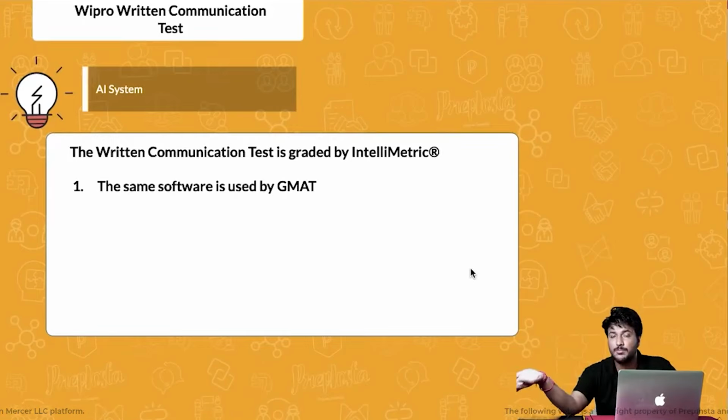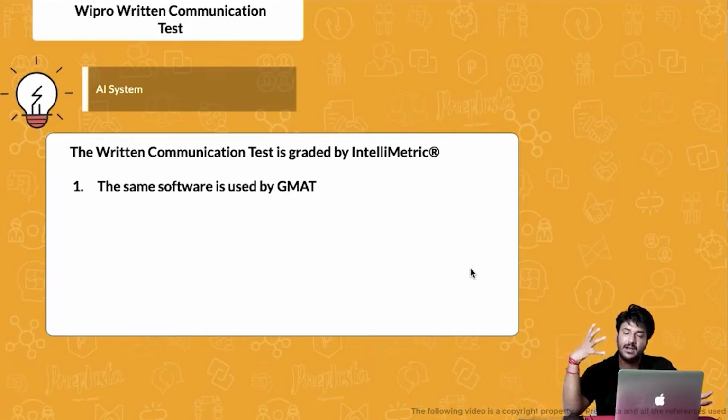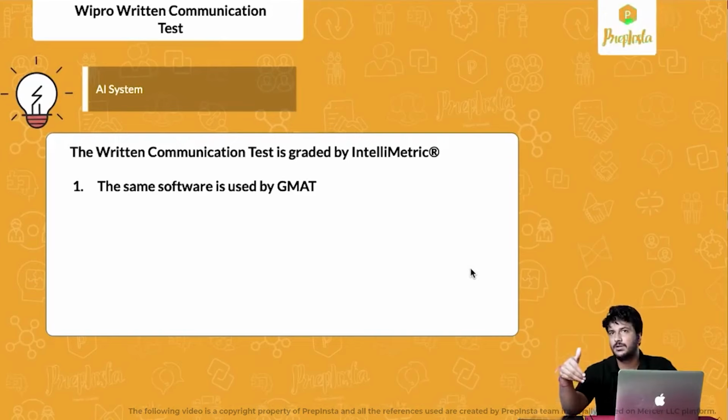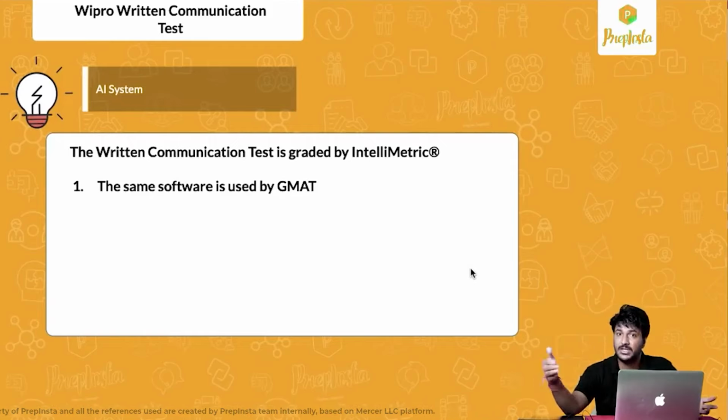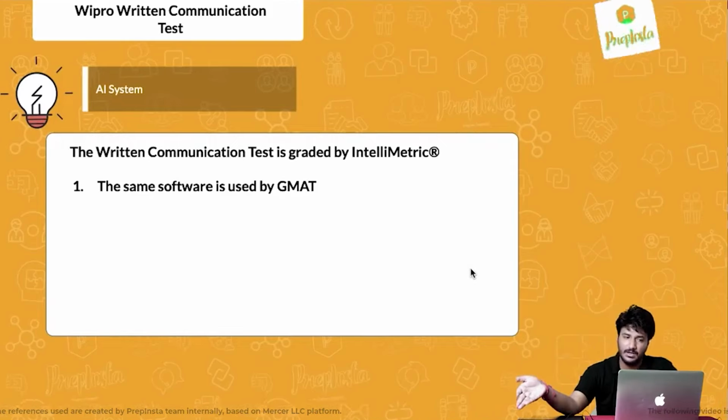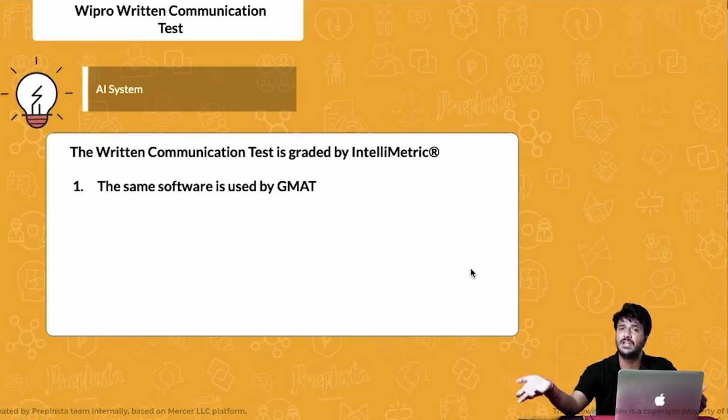Are you for the topic, against the topic? So this is even better than a human being. A research was done wherein the human was able to understand only 70% of an essay, and the Intellimetric had 90% accuracy. So it is better than a human being would grade, right? So this is the platform that is used.